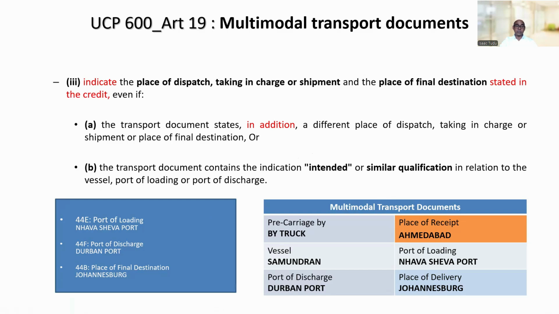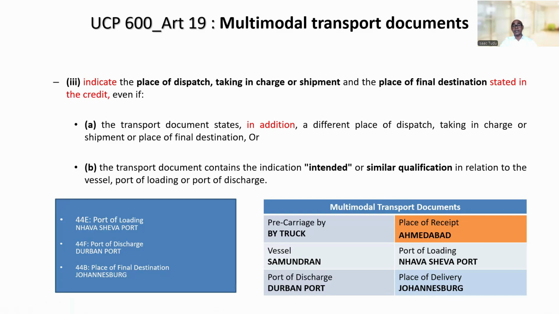This article also states that the place of dispatch, taking in charge or shipment, and the place of final destination stated in the LC, even if the transport document contains the indication "intended" or similar qualification in relation to the vessel, port of loading or port of discharge. So understand this. What does it mean? The intended meaning is that the appearance of the term "intended" renders a multimodal transport document discrepant.